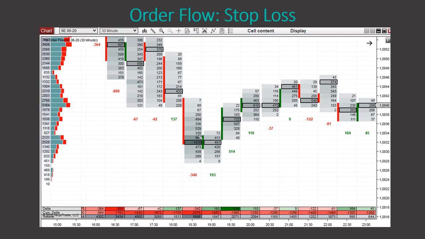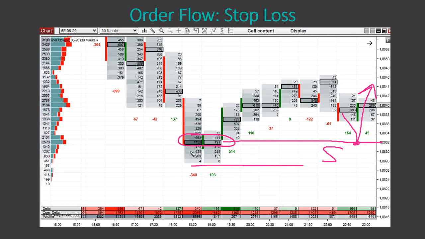In this example, there's a double node, which means support. So you want to see a buying reaction from it, and the stop loss in this case could either be one tick below the low of this area, so in here, or if this is too tight for you, because it would probably be too tight for me, in this case I would probably use a fixed stop loss.